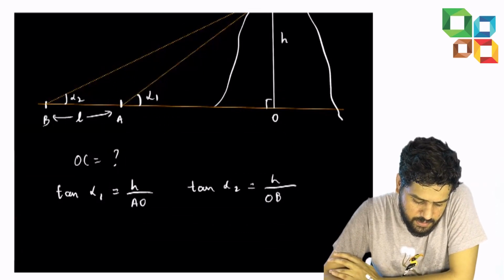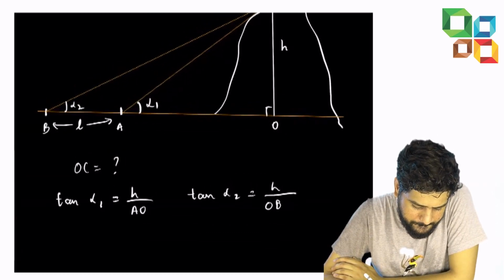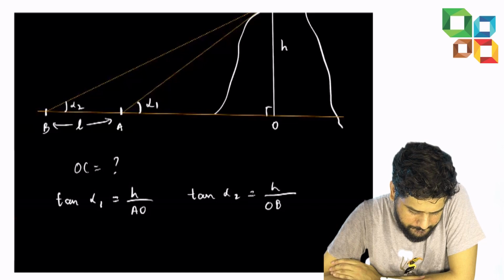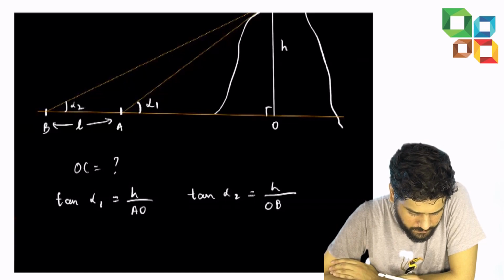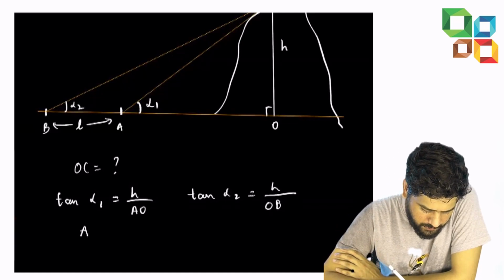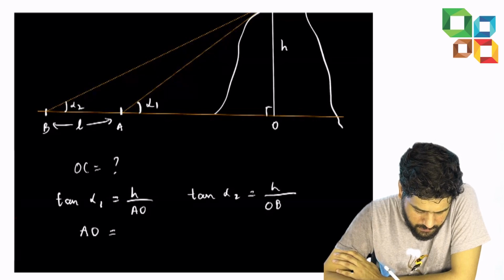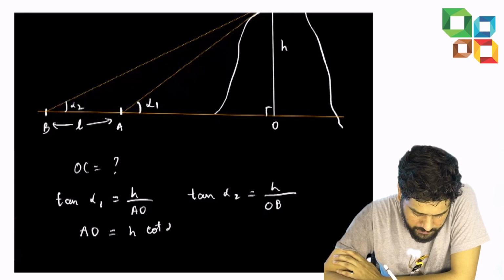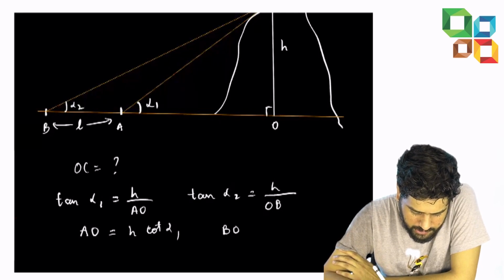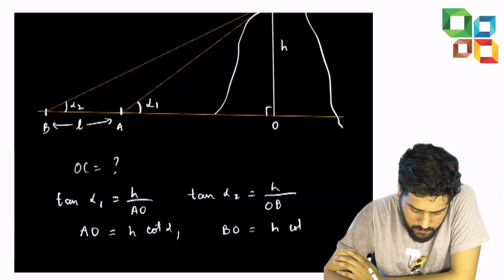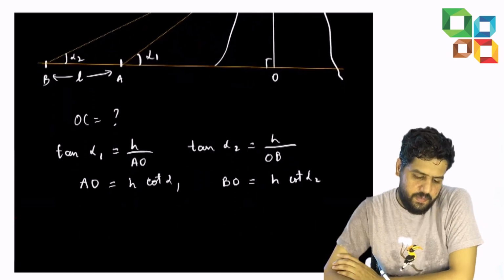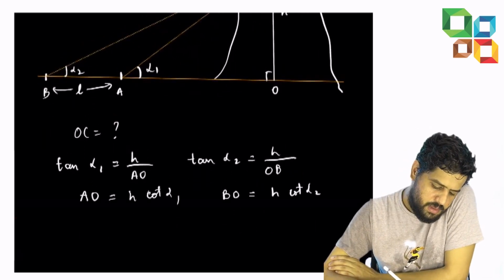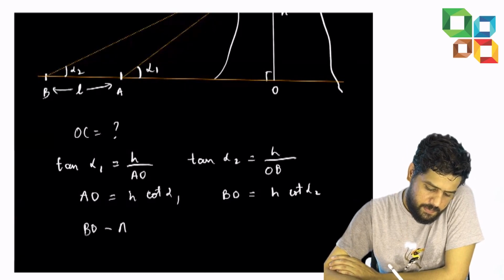Like we know the angle, so we can find tan alpha 1 and tan alpha 2. Then bring AO and AO plus L to the other side. So can I write AO as H times cot alpha 1 and BO as H times cot alpha 2? Yeah. Now, how much is BO minus AO?